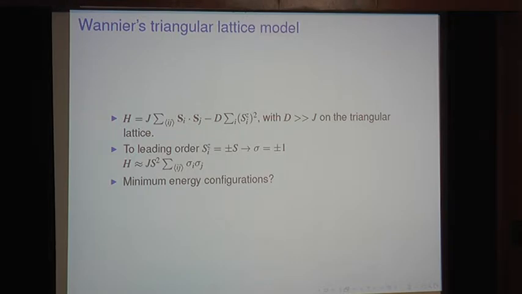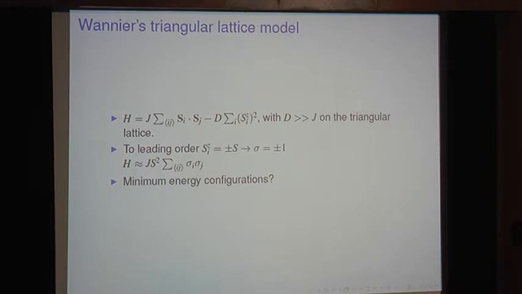So, any spin bigger than or equal to 1, not spin half, that is all. Any spin bigger than 1, you will do this and you will realize that if there is a large single ion anisotropy like this, then to leading order Sz can only be plus S or minus S.